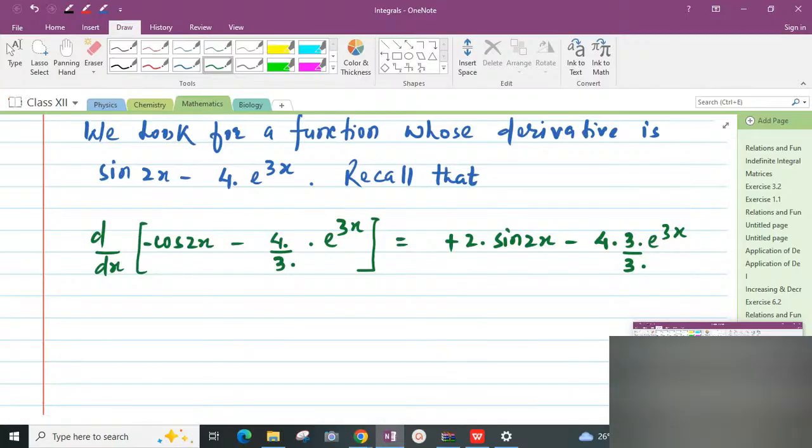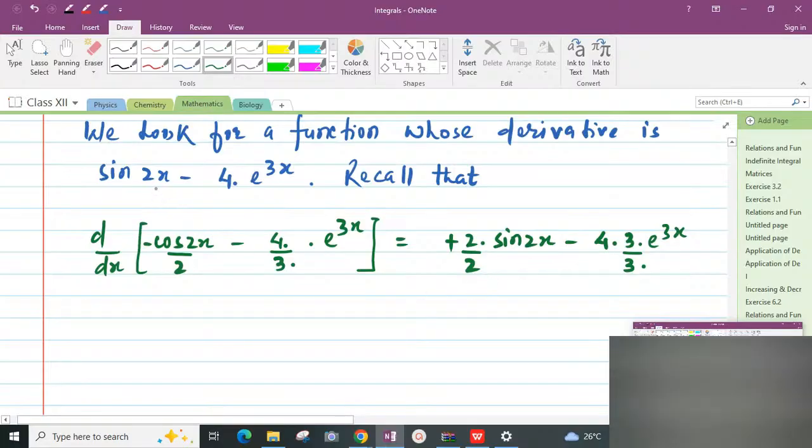So for the antiderivative, we write down here by 2. There is no problem to understand up to this step.